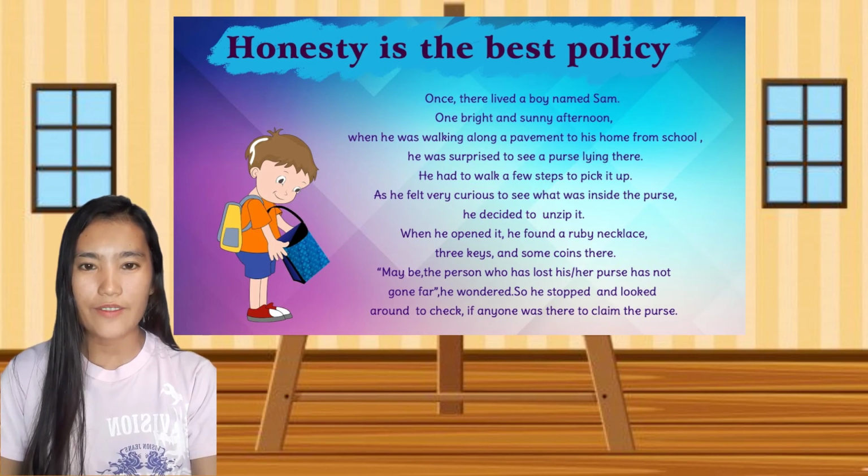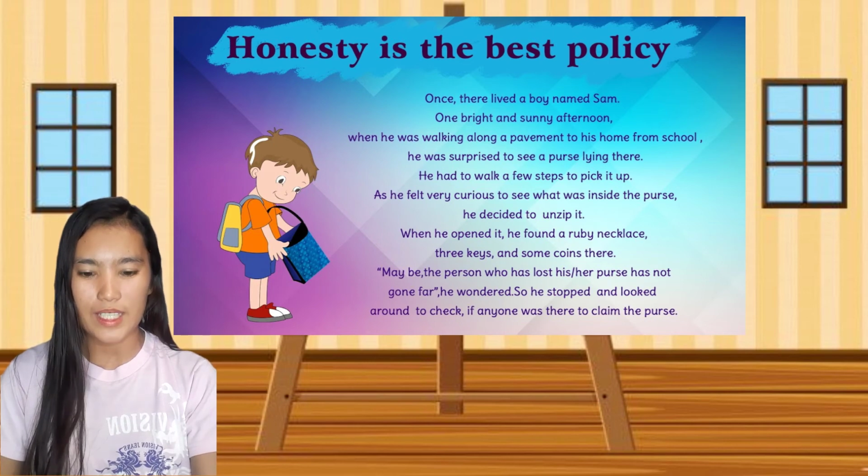Once there lived a boy named Sam. One bright and sunny afternoon, when he was walking along a pavement to his home from school, he was surprised to see a purse lying there. He had to walk a few steps to pick it up. As he felt very curious to see what was inside the purse, he decided to unzip it.